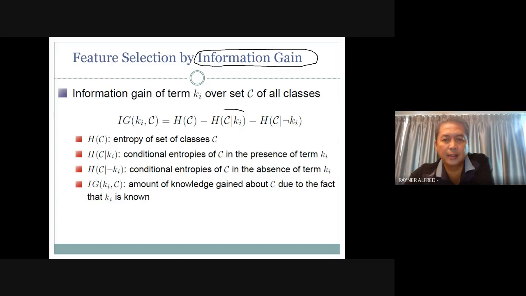This is the entropy for keyword 1, and this is the entropy for not keyword 1. We subtract those from the overall entropy, then we get the IG. So we can also use this as your filtering method.